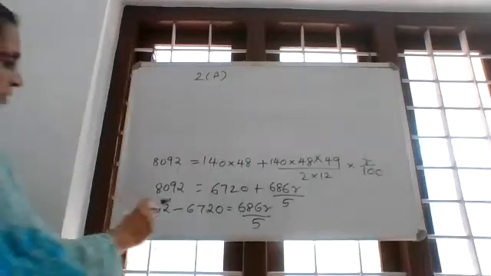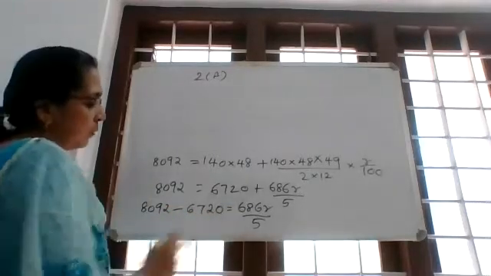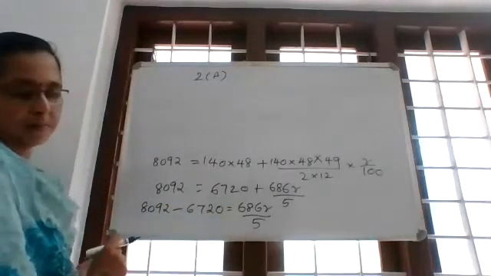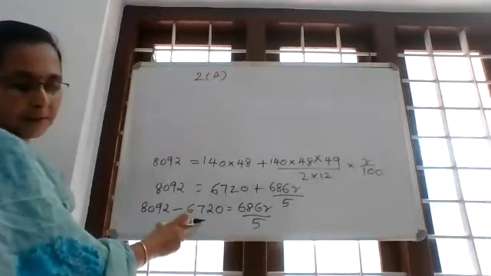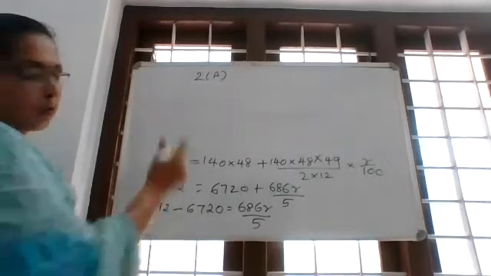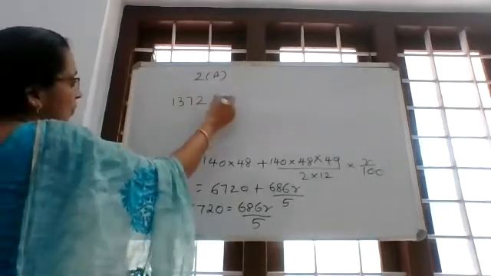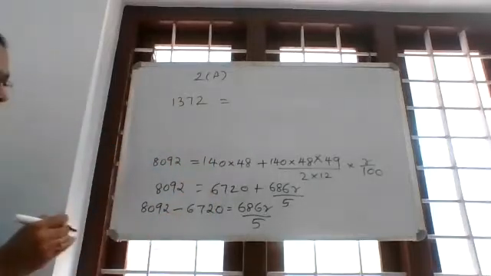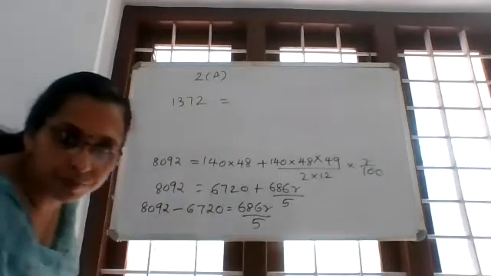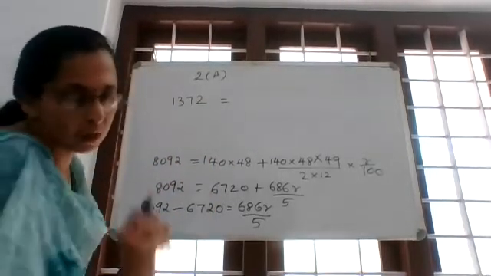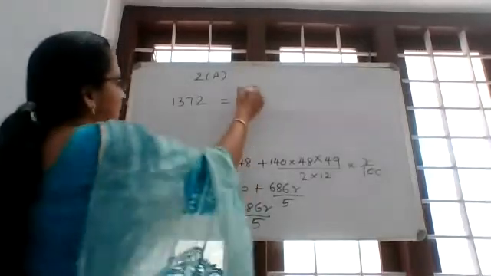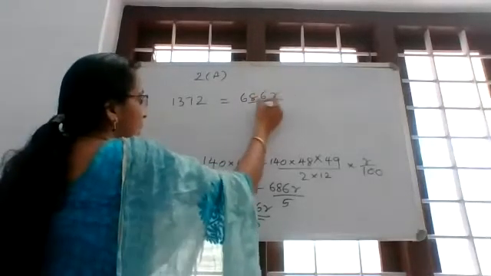So 8092 minus 6720 is equal to 686R divided by 5. So subtract this. What will you get? 1372. Correct. Then it is 686R divided by 5.